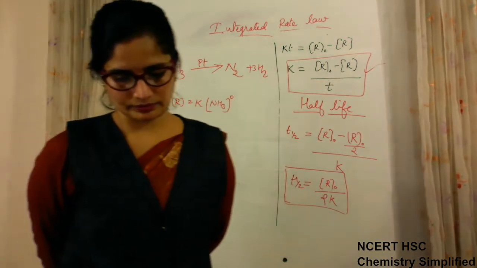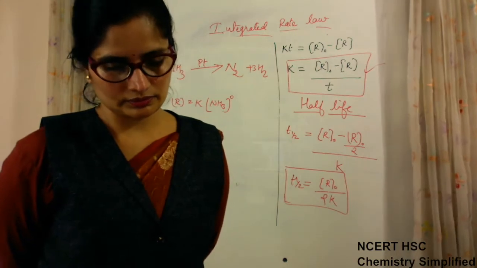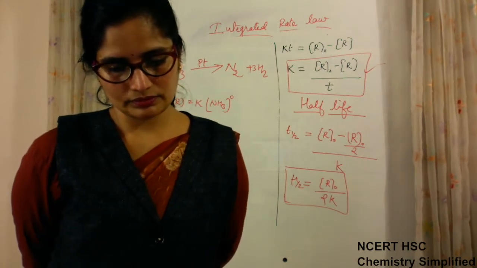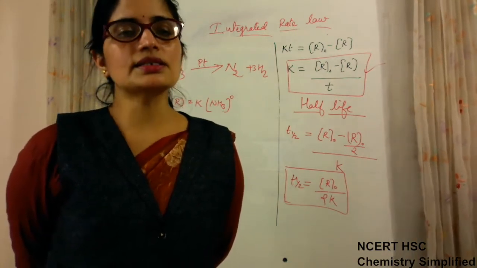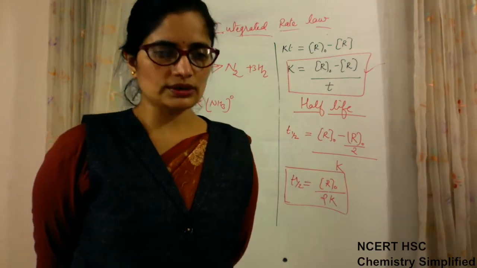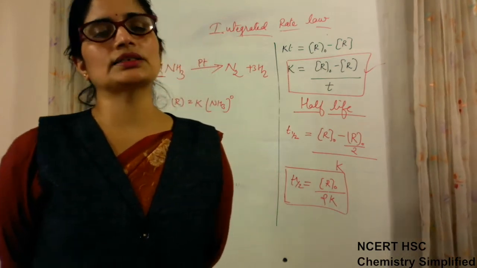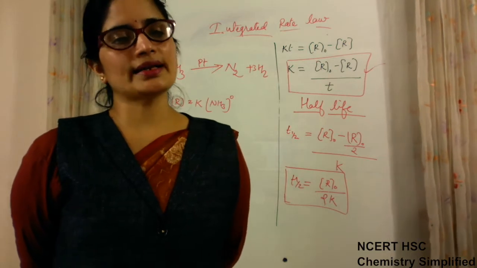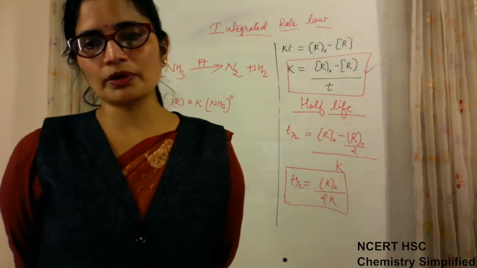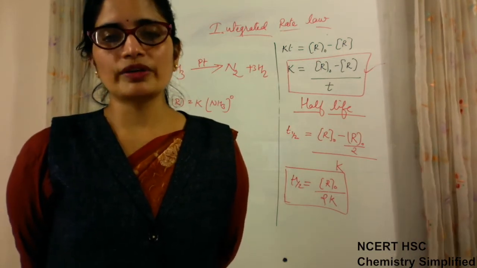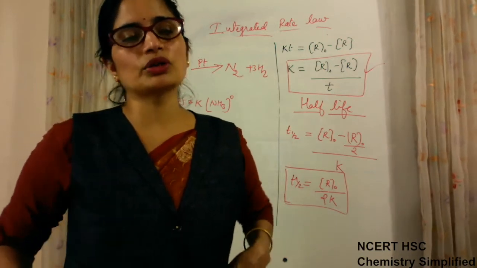Yesterday also we talked about the same thing, that order of reaction has to be determined experimentally, and because we are not performing experiments, we need to be told about the order of reactions.